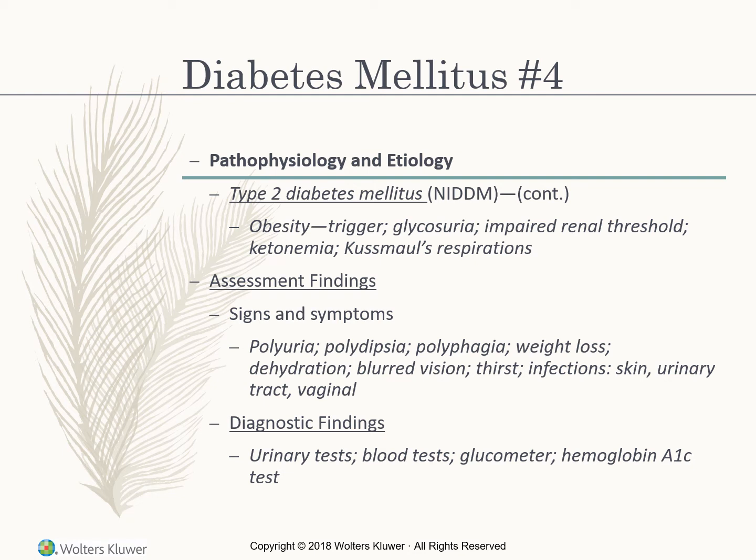Now, these transporters form channels that facilitate diffusion of glucose into the cells, and they might only function at 20% efficiency in people with type 2 diabetes. Now, this contributes to hyperglycemia.